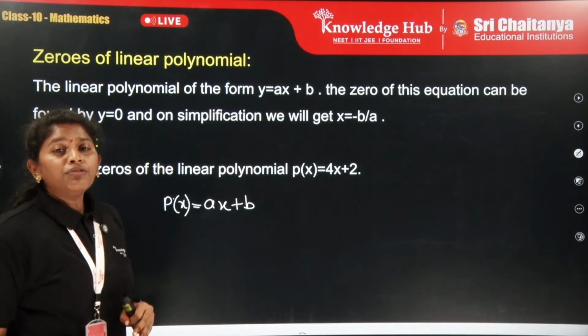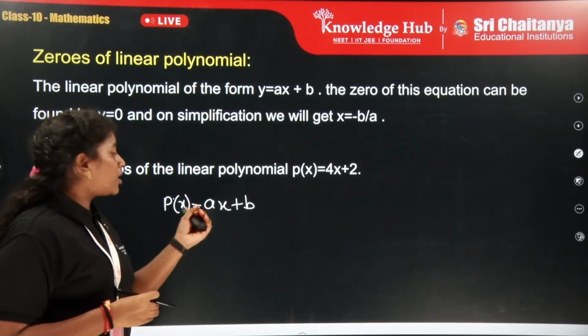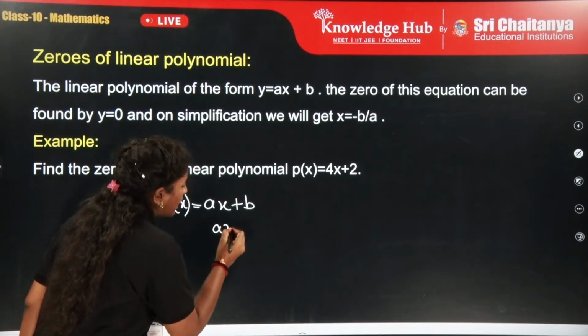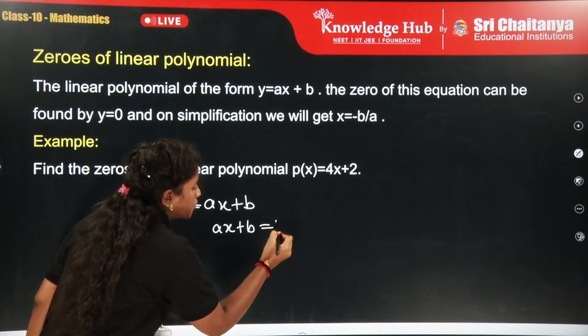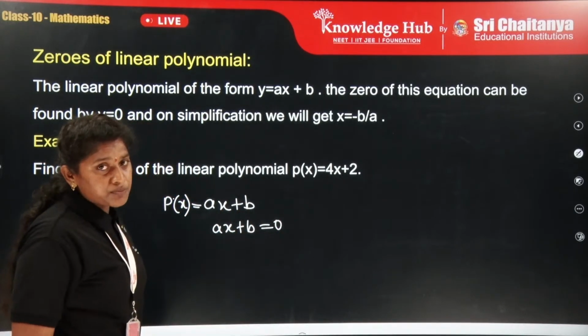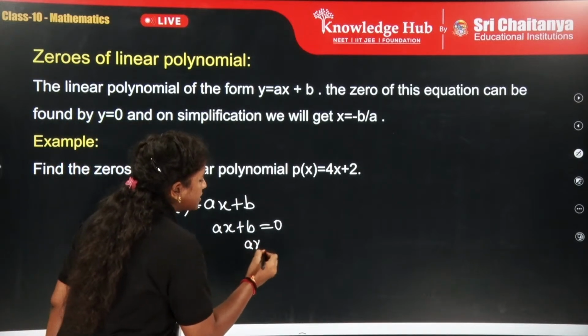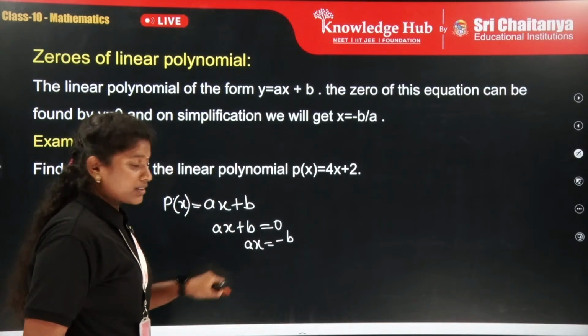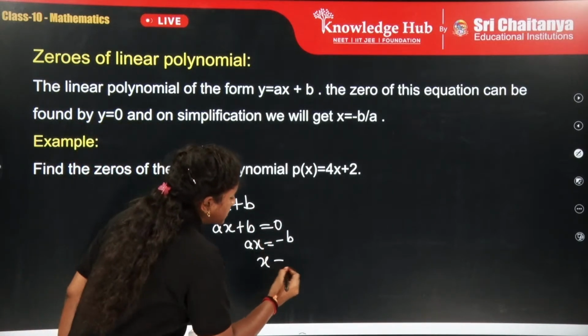In order to find the zero of the polynomial, we are going to equate the given polynomial to 0. So I am equating ax + b to 0. Now +b crossing the equals sign, using transposition, we will get ax = -b. And a is in multiplication on this side, so crossing the equals sign it will become division.